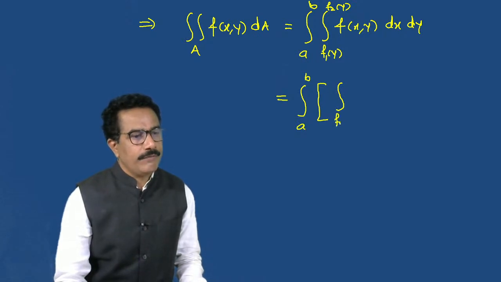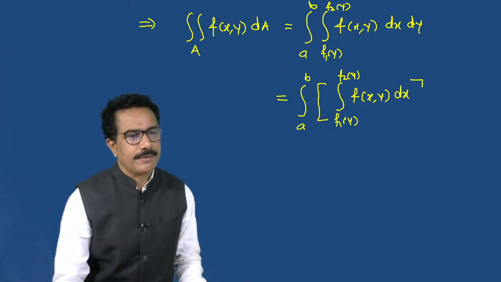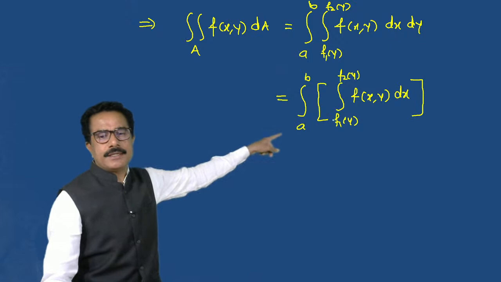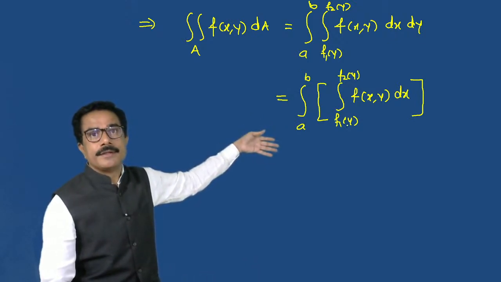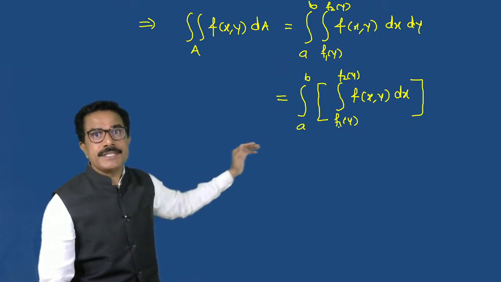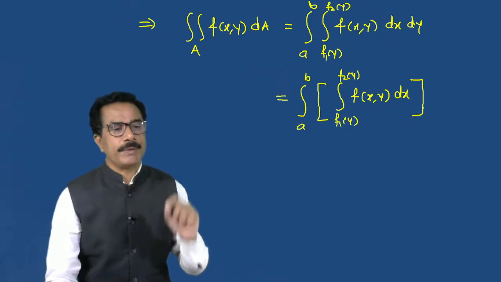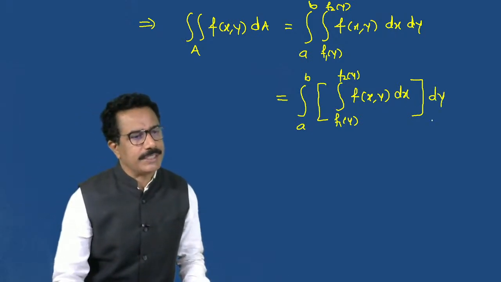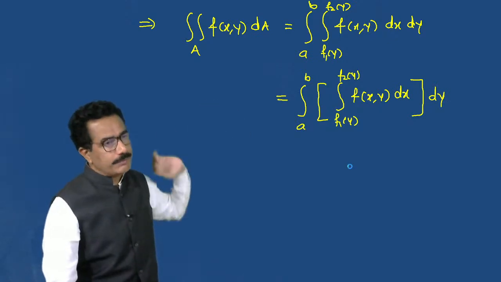So f1 of y to f2 of y, we write f of x comma y dx first, because the limits of the second integral are in terms of y. In terms of y means it is a horizontal strip. So we have to integrate with respect to x by keeping y constant. This is the process for finding the limits and the solution of the double integral.